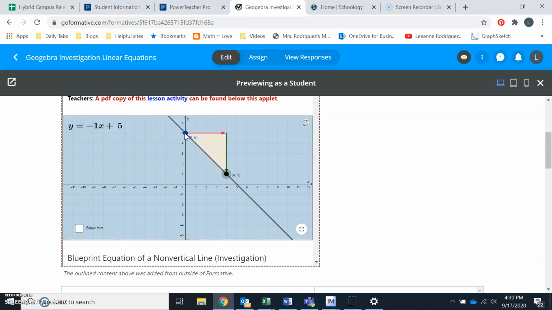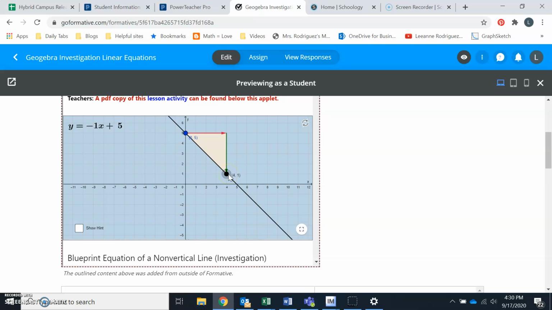So starting here, I'm going to go down 1, 2, 3, 4, and then I need to move right. That's the run. 1, 2, 3, 4. So I have -4 over 4, because rise over run.